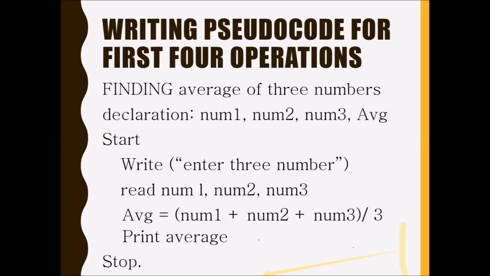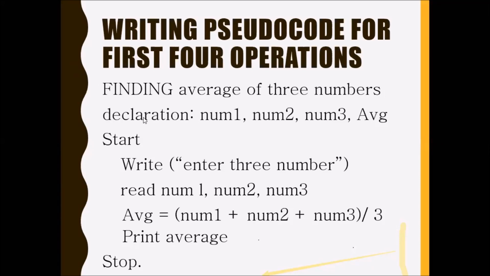First thing, we said that you must have your header. This part is the header section, finding the average of 3 numbers. This part tells what this algorithm is doing. All it is doing is finding the average of 3 numbers.